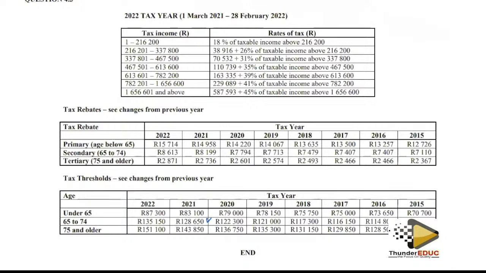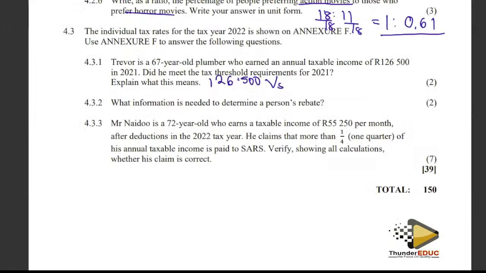Let's go to the threshold. The threshold is 128,650.